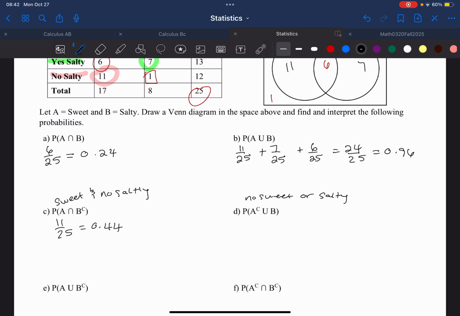So that would be the probability that they like salty, 7 out of 25, the probability they like neither, 1 out of 25, and the probability that they like either, 6 out of 25. This would be 0.56, so we would say that the probability a student in class likes no sweet foods or likes salty foods is about 56%.